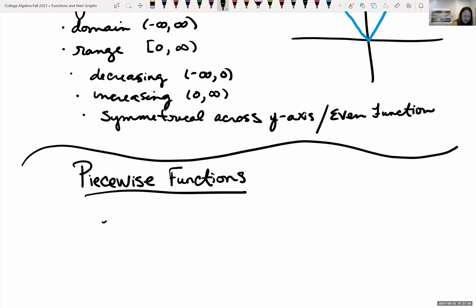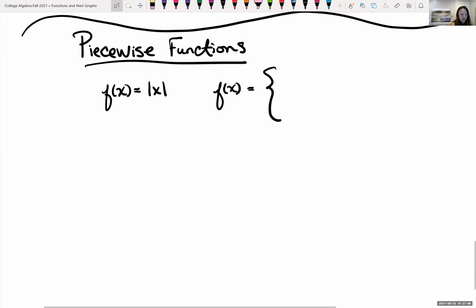If I was looking at f of x equals the absolute value of x, a way to define this: well, if x is a positive number or 0, I would get back the same thing I plugged in. So if x is greater than or equal to 0, the number we're plugging into that absolute value spits back the same number we plugged in, right?